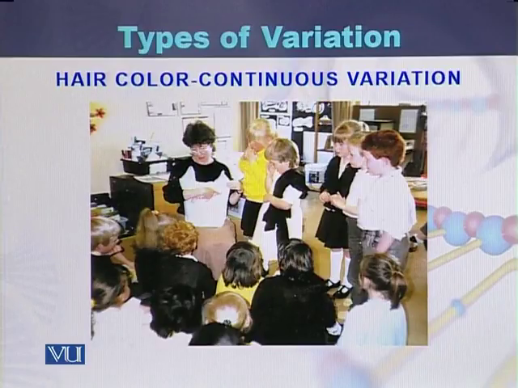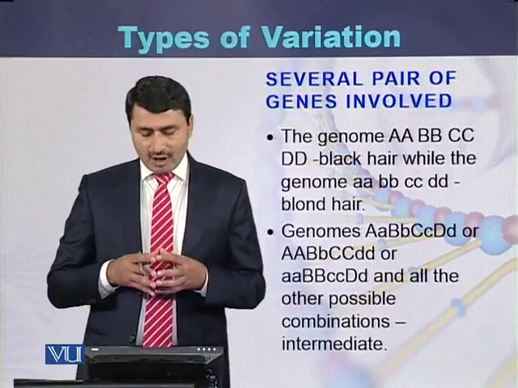We can see different children have different hair colors. Some of them have red hair, some have black hair, while some have curly hair, and there are some intermediates between black and brown.